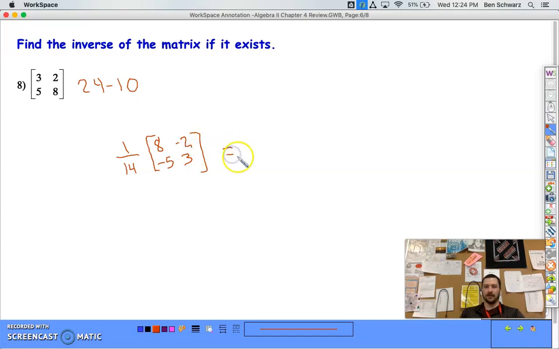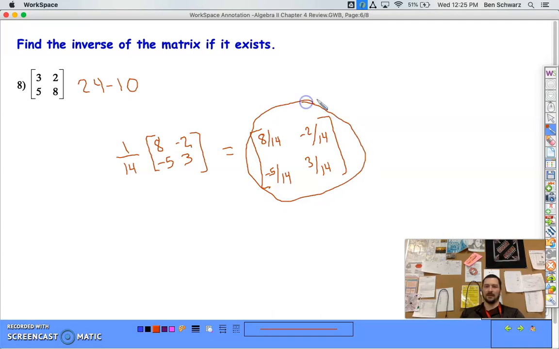When you multiply everything out, you're going to get 8/14, -2/14, -5/14, and then 3/14. For these, you don't need to worry about reducing. You can just leave it there. So this is the inverse of that one.